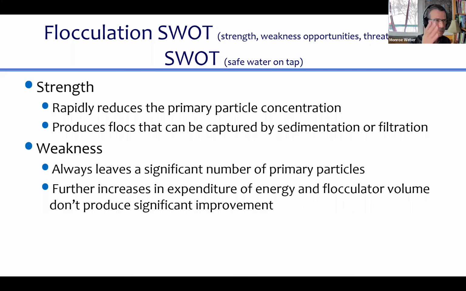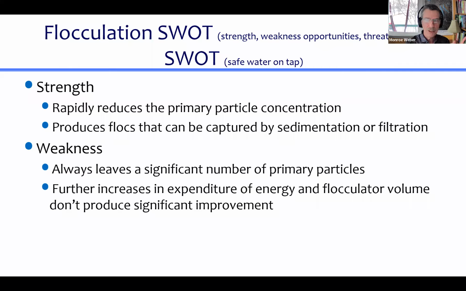I want to also remind you of how we got here. We just finished flocculation, and if you think about SWOT, which is strengths, weaknesses, opportunities, and threats, for flocculation, and think about what we're trying to do, safe water on tap. Here's what was great about flocculation.